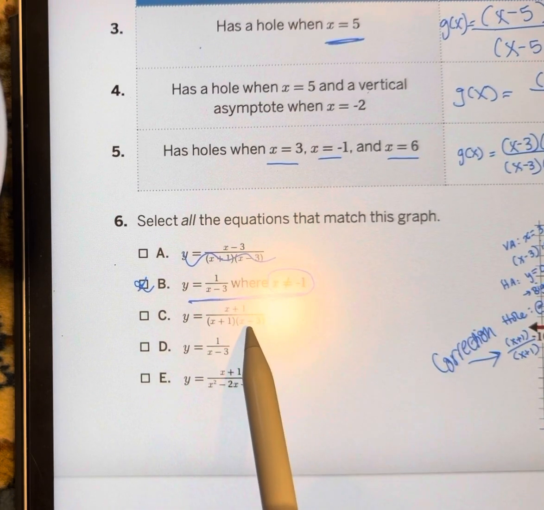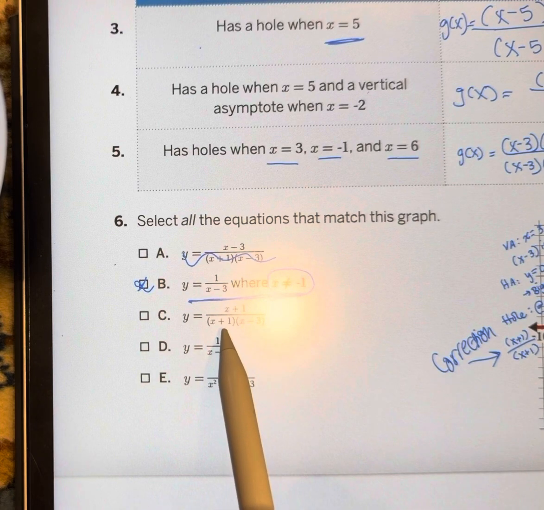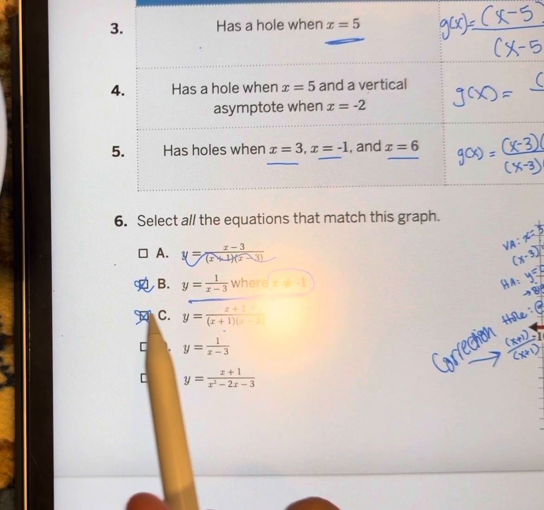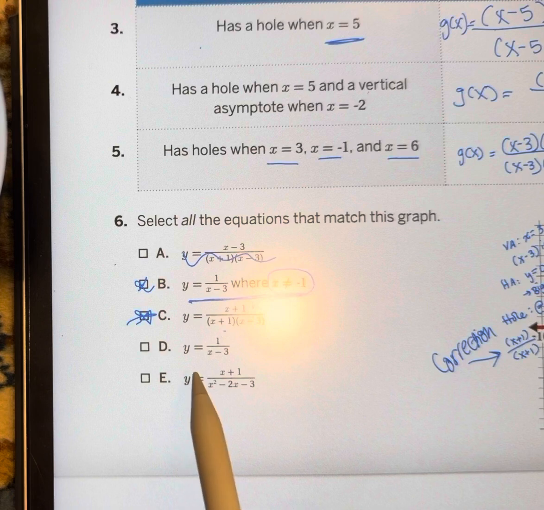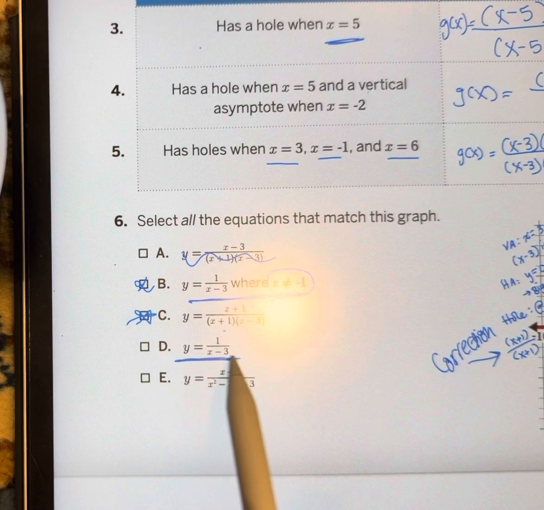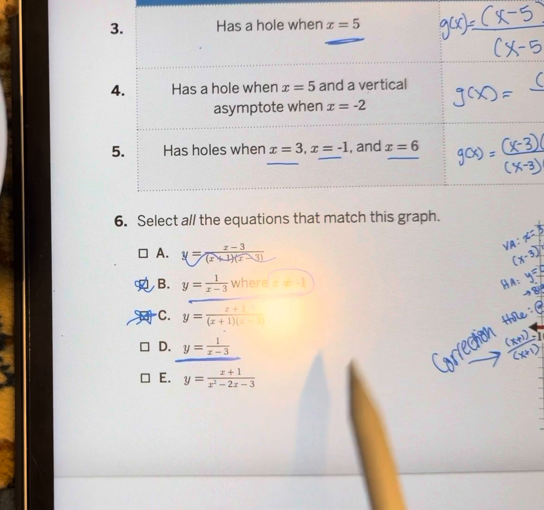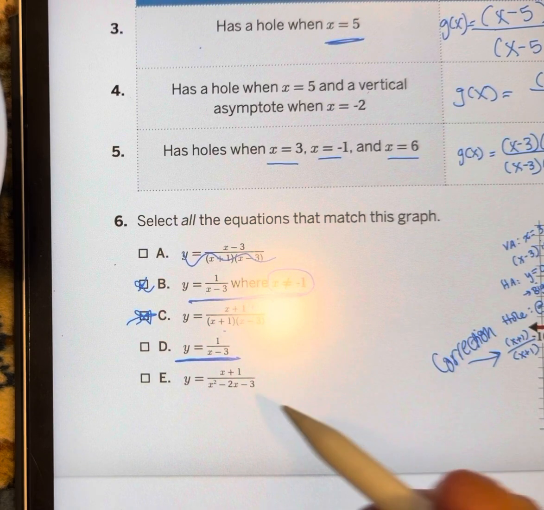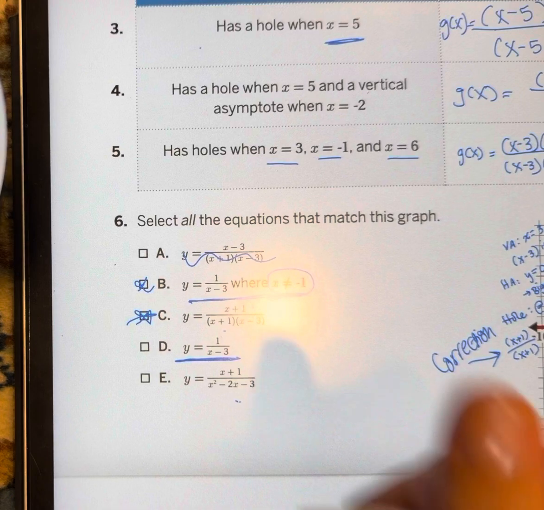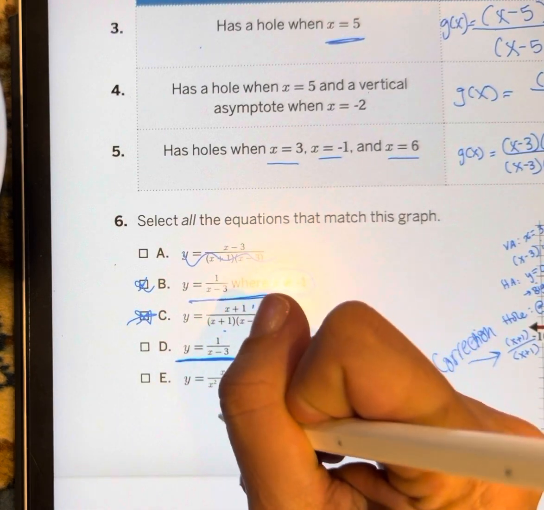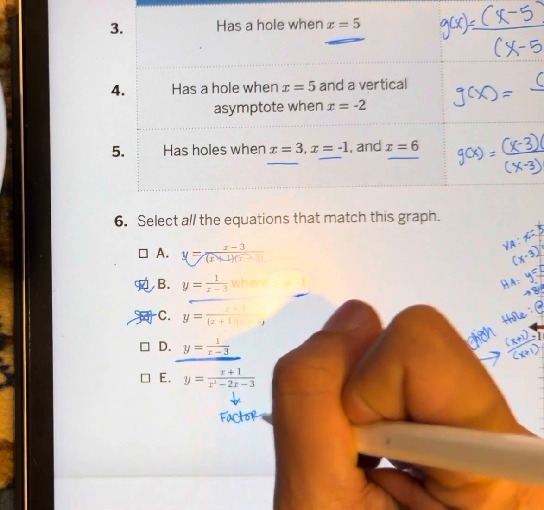It has an x minus 3, and it has the x plus 1, x plus 1. This one is also good. This one has the asymptote and the bigger on bottom. It does not have a hole. It's missing the hole, so that's no good. And then this one, I'm willing to bet we got a factor to find out. All right, here we go, you guys.